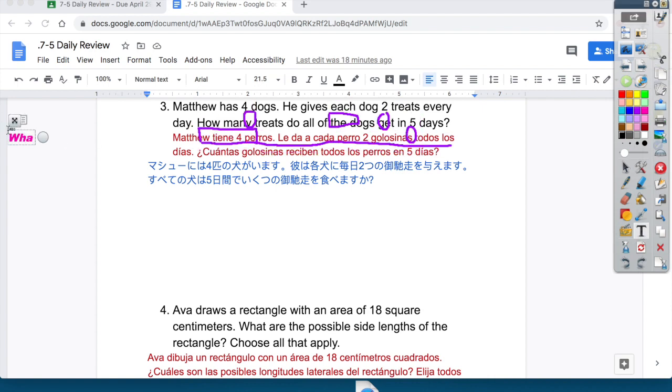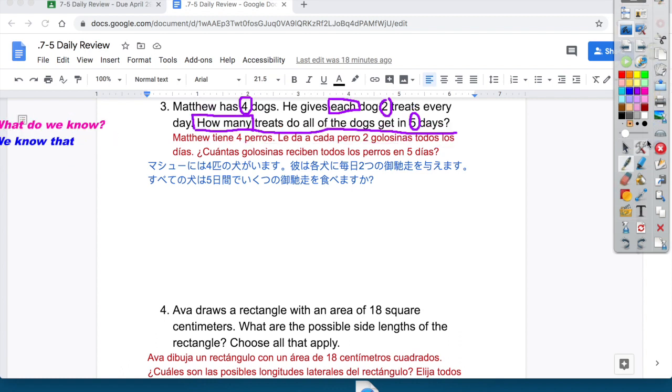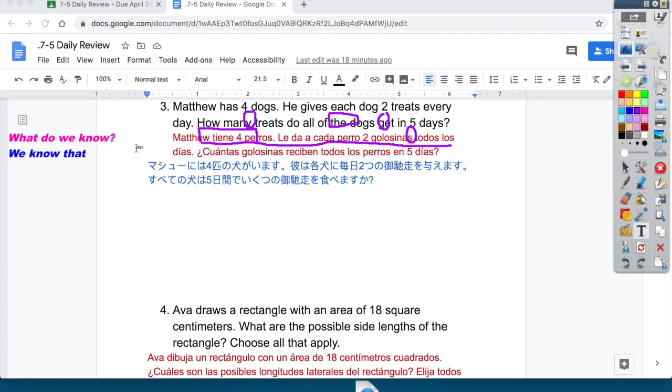What do we know? Okay. We know that, oh, we forgot something here. Hold on. No, we didn't. It's just out of line. Okay. We know that Matthew, sorry guys, has 4 dogs, right?